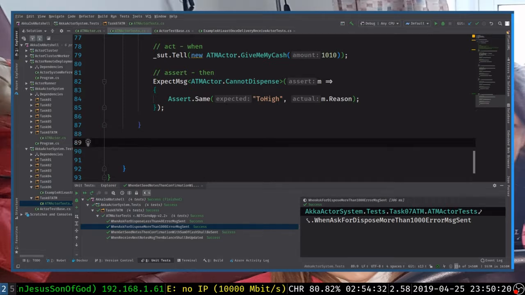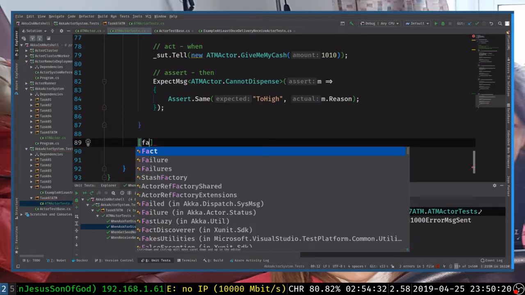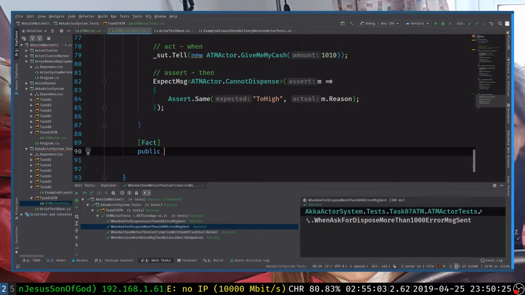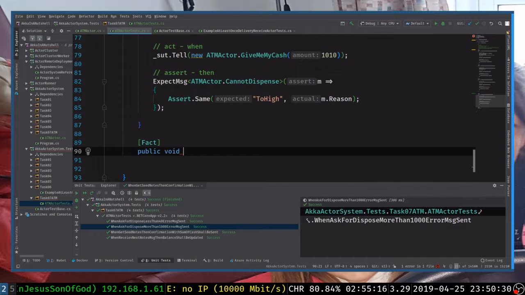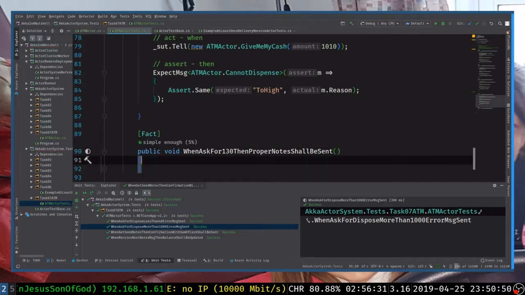Okay, so fact and ask for, let's say 130, then proper parameter plus.